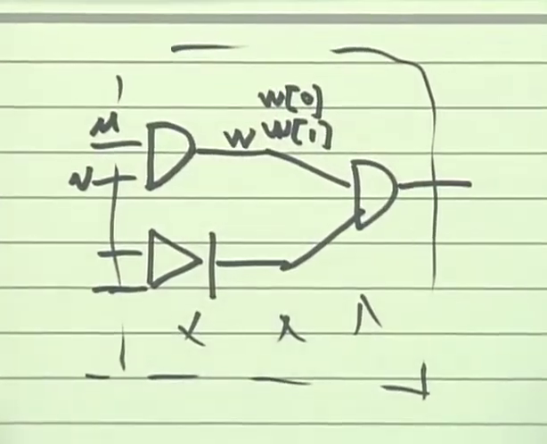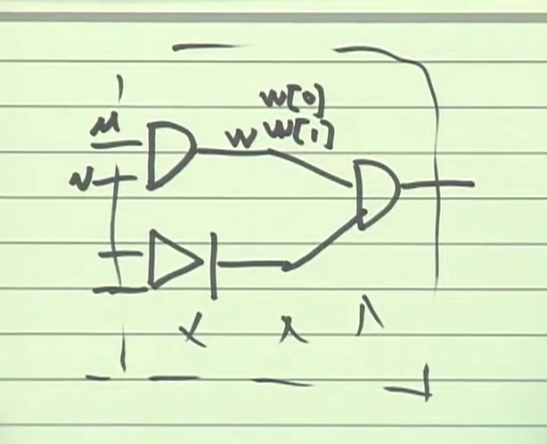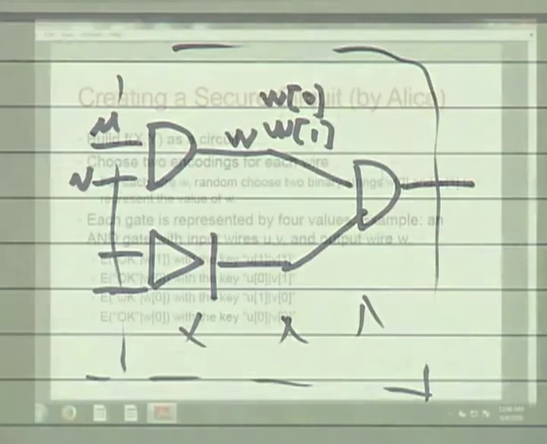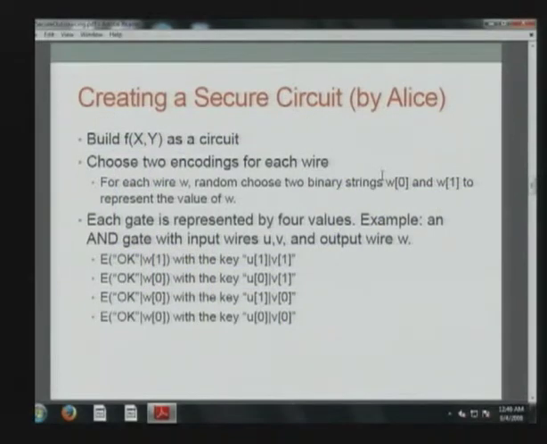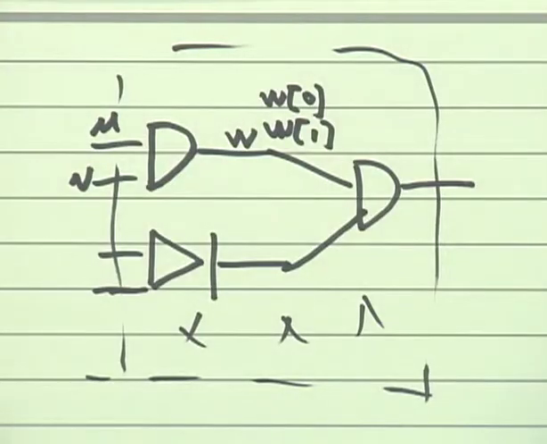The first one is E with some message. Here I use OK, just denoting whether the decryption is successful or not. So it is E of OK concatenated with W1, the encryption of this message with the key values U1 and V1.